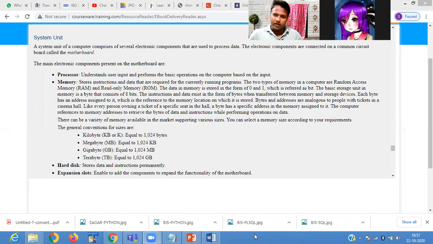That allocates or registers a memory where you store the value. This register holds the address of the memory location where the current instruction is stored.